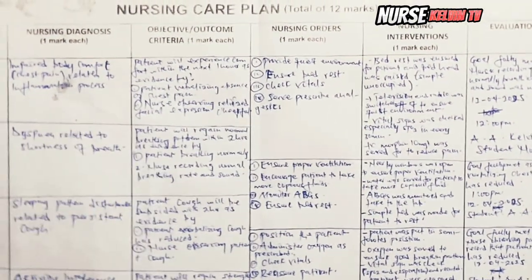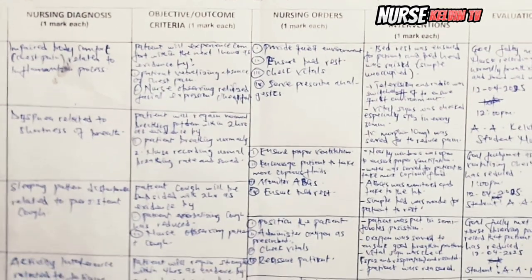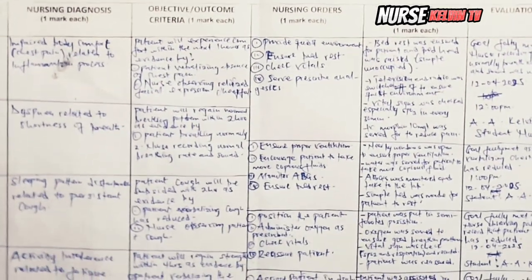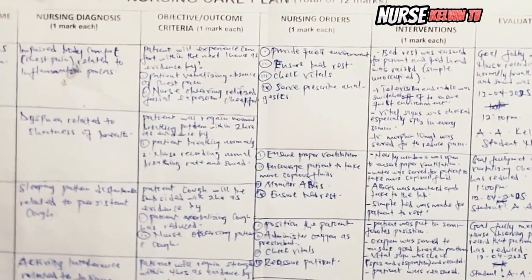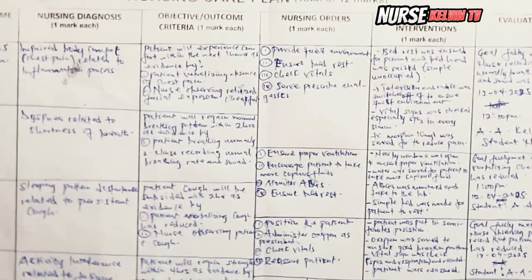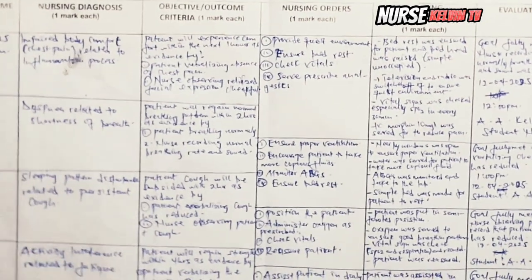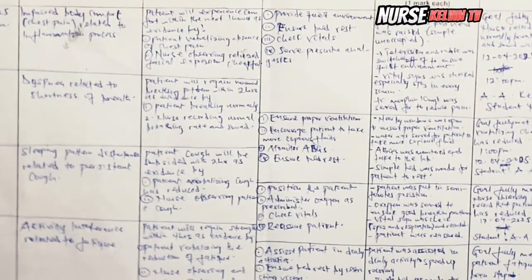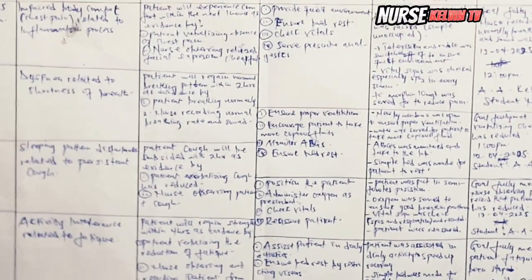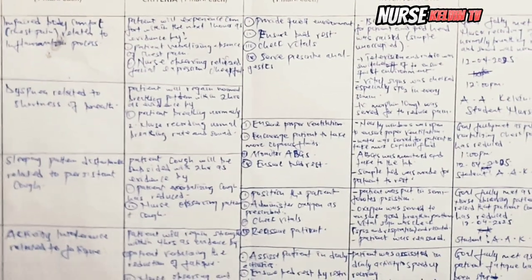Then next, here we talk about shortness of breath. The patient will regain normal breathing pattern within 2 hours, as evidenced by the patient breathing normally, and the nurse recording normal breathing rate and sound.